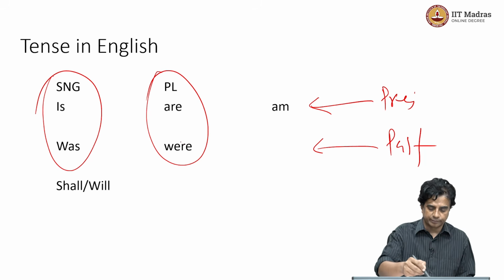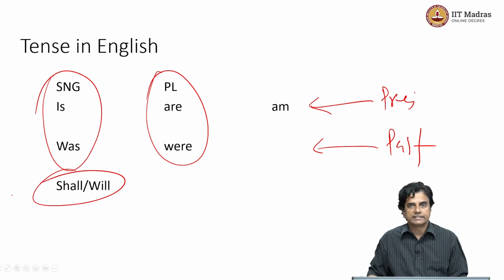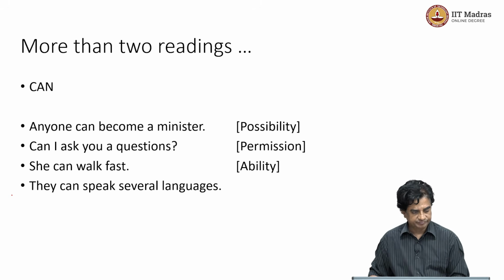And these are plural. Shall and will as future auxiliaries can be used interchangeably and do not have singular or plural distinction.